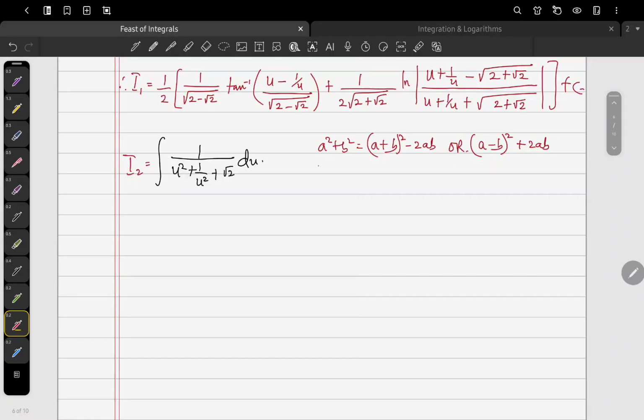So if we use the same thing for u squared plus 1 over u squared, it can be equal to u plus 1 over u squared minus 2, because u times 1 over u is 1, or u minus 1 over u all squared plus 2.